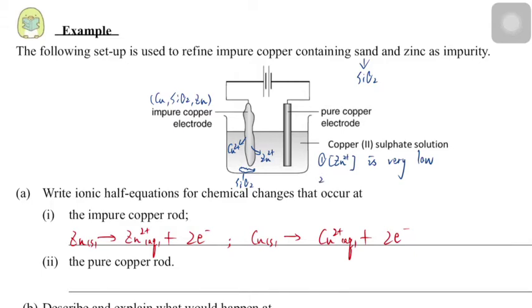Okay, that means it will not be preferentially discharged. And also, if we compare the reactivity of zinc ion and copper 2 ion, copper 2 ion would be preferentially discharged as copper 2 ion is a stronger oxidizing agent than zinc 2 ion.